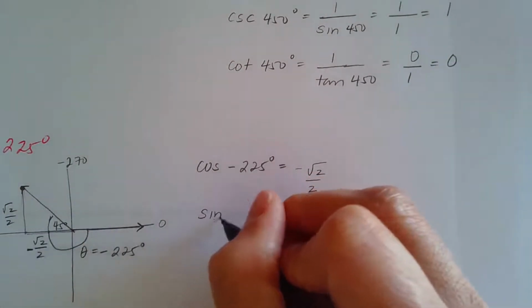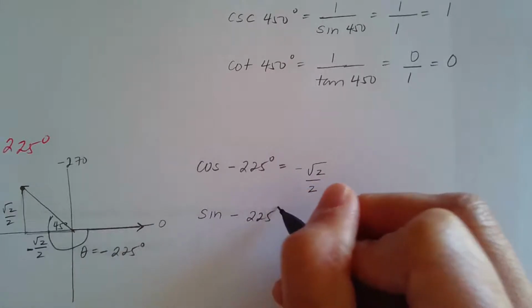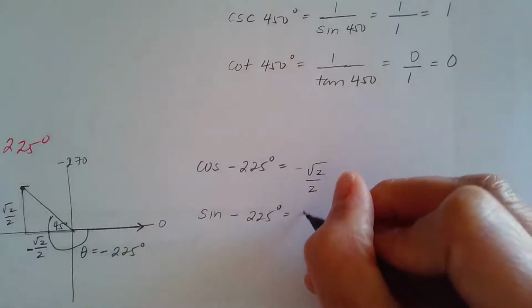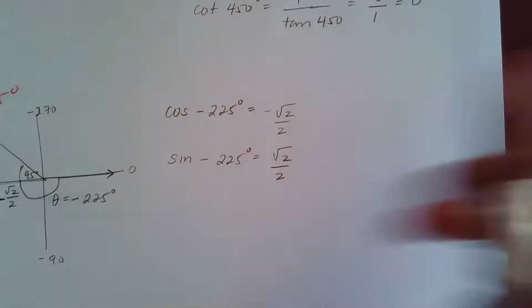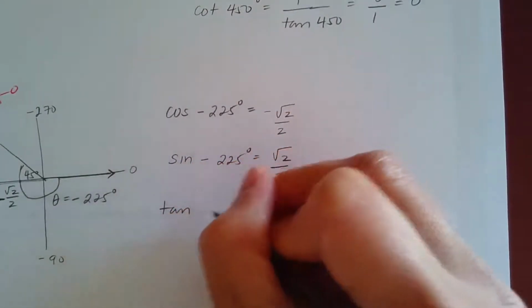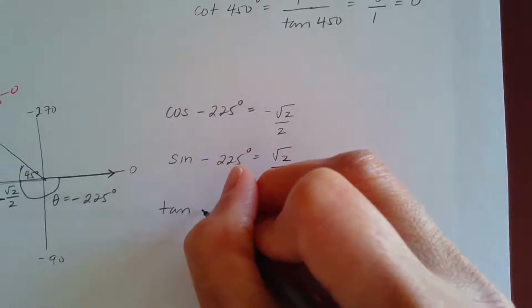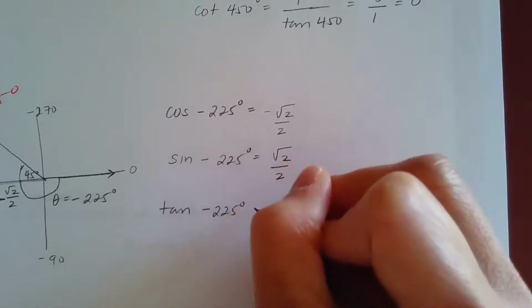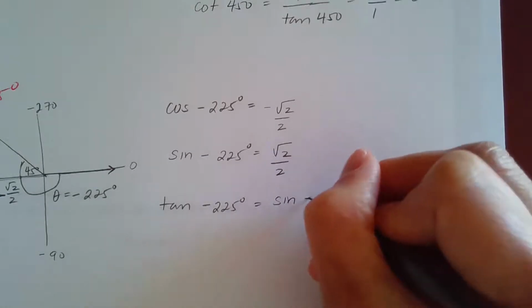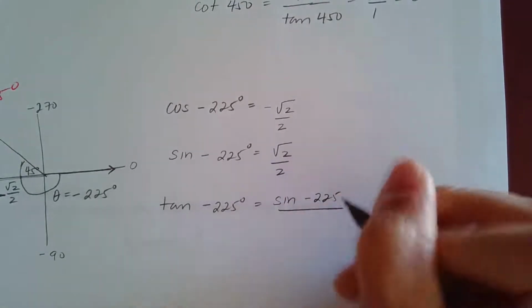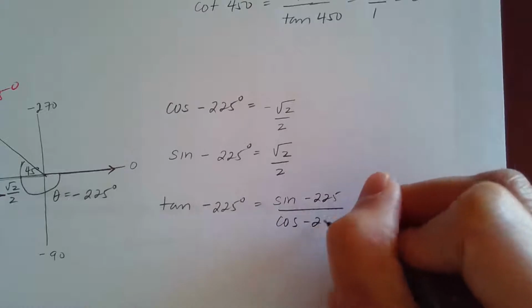So sine of negative 225 degrees is positive root 2 over 2. Tangent of negative 225 degrees is sine of negative 225 divided by cos of negative 225.